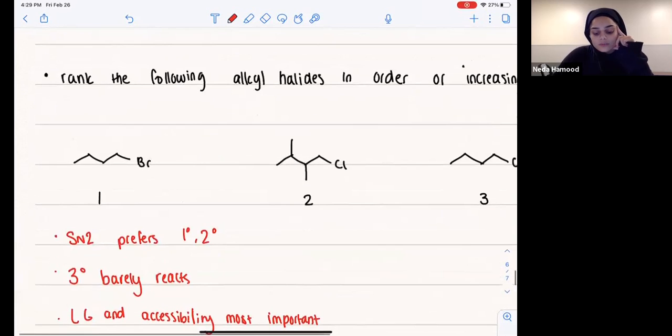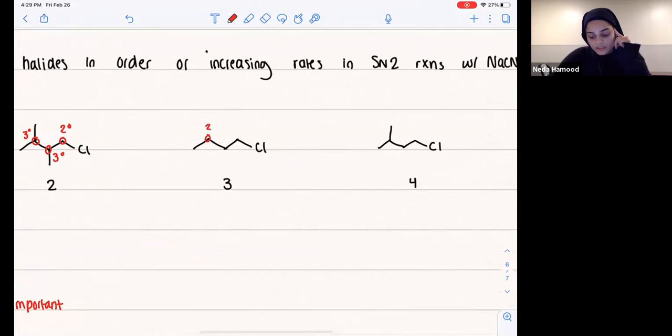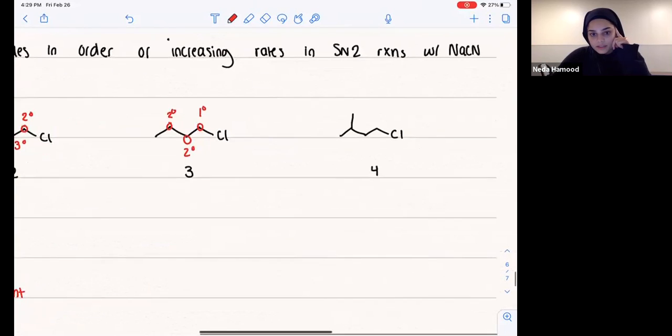So if we're looking at this one here, this carbon is going to be primary, this carbon is secondary, and that's a methyl. This one is tertiary. This is another tertiary, and this is a secondary. Here we have a secondary and a primary.